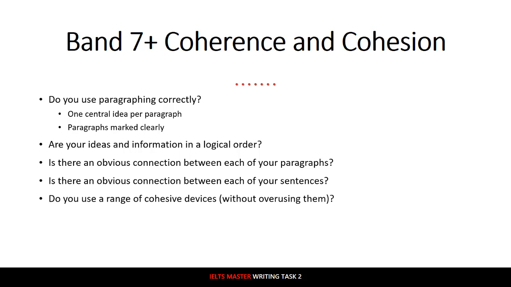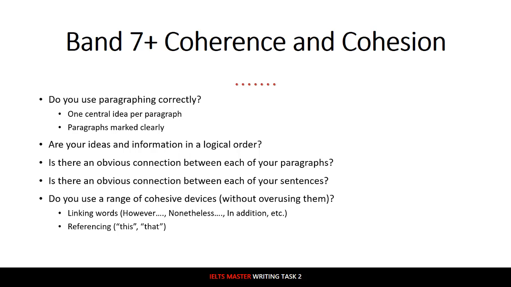You can also make your connections more obvious by using a range of cohesive devices. For example, linking words, however, nonetheless, in addition, or referencing this or that. Just make sure that you don't use too many cohesive devices. You don't need however or in addition every single sentence.